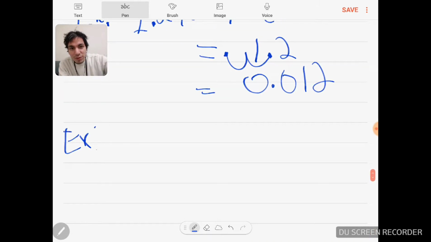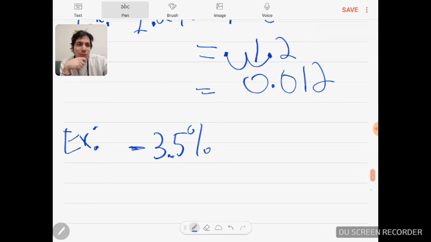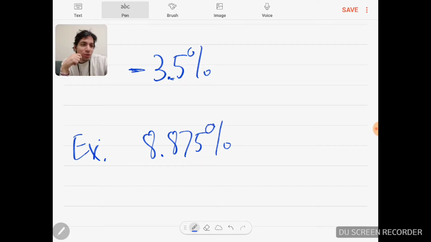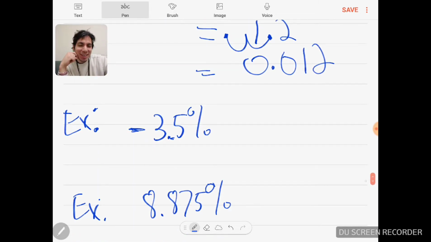Let's do a few more. You could have a negative 3.5%. And we'll do one more, 8.875%. For those of you in New York, you should know that's the actual tax rate in New York, until the day they decide to change it, which I hope they never do, unless they're lowering it.